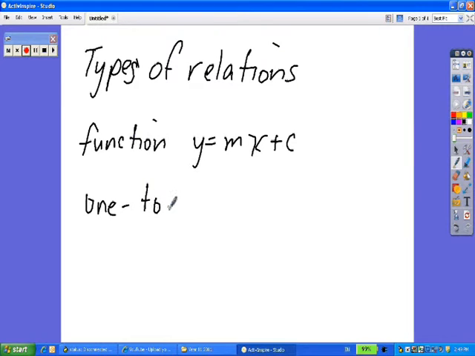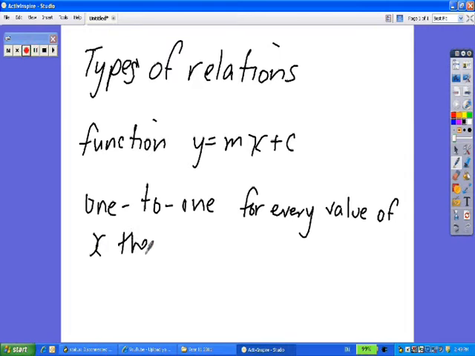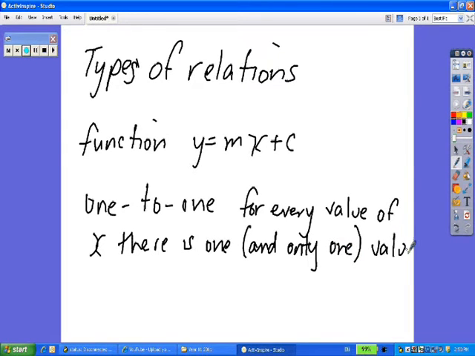One to one. Simply stated, one to one means that for every value of x, there is one and only one value of y.